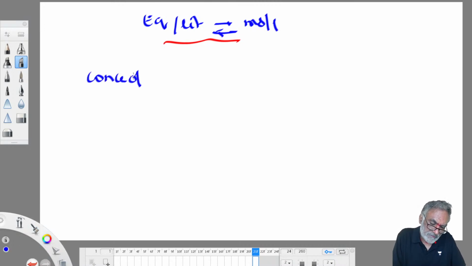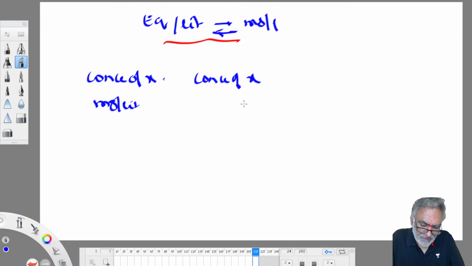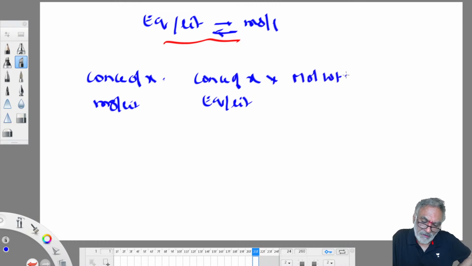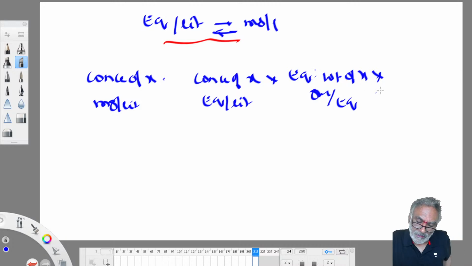Concentration of any substance X in milligram per liter is equal to the concentration of X given in equivalents per liter, multiplied by the equivalent weight of X, in gram per equivalent. Equivalent weight is different, molecular weight is different. Into 1000, to convert grams into milligrams.